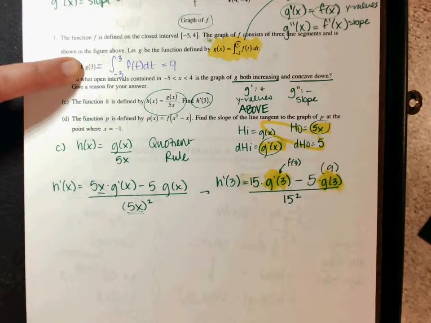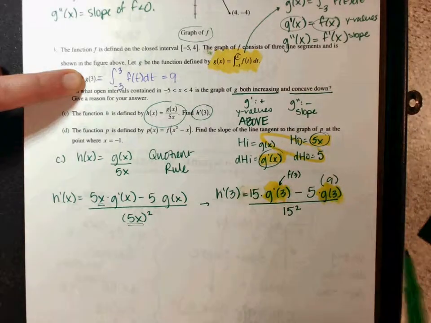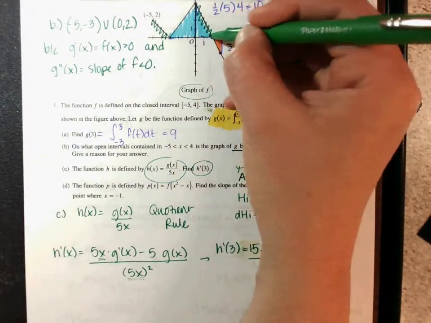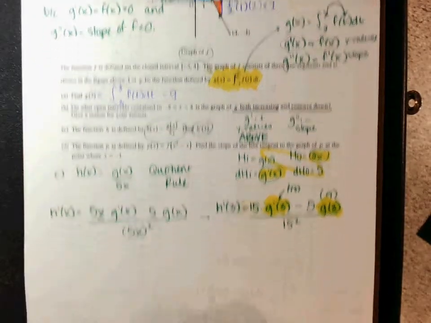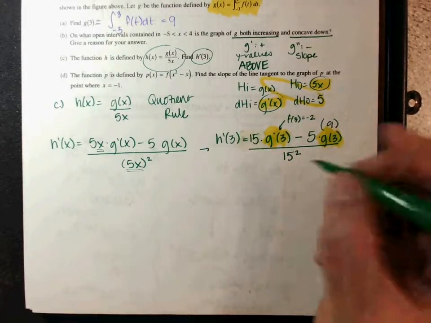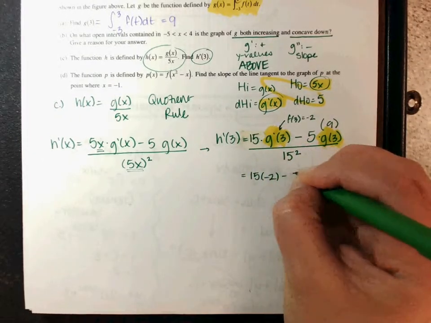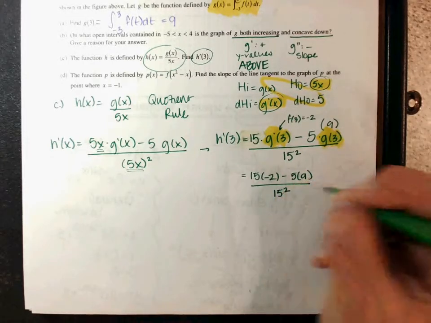And remember that f of 3 is really a y value. So at 3, what's the value of the function? Well, let's count. So if I'm here, I'm at 1, 2, 3. My y value is negative 2. So I'm going to have 15 times negative 2 minus 5 times 9 over 15 squared.